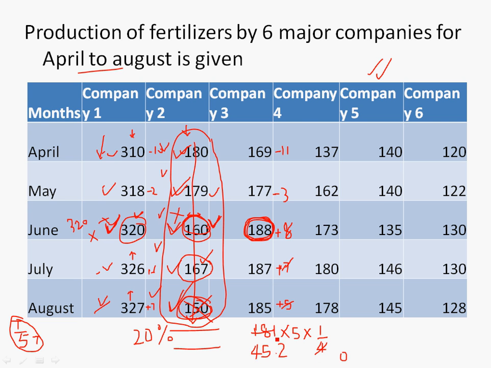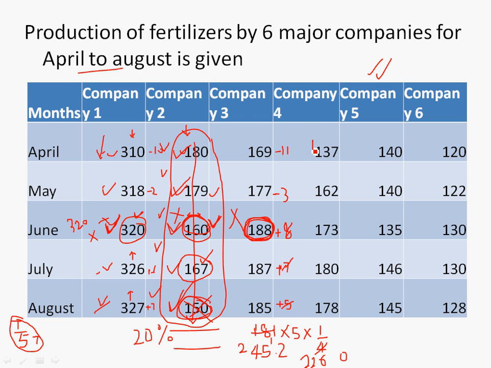So 2 5s are 10, 5 5s are 25, 26. So 226. So it has to be approximately 226. 188 is less than 226, so even this is gone, right?